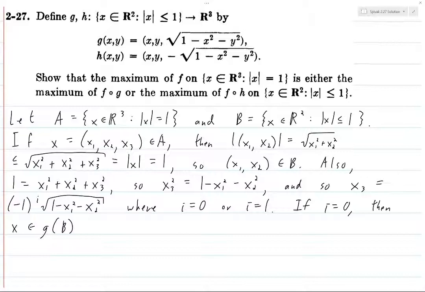So g of x1 comma x2 is precisely x. And so x is in the set g of B. So that's the case if i equals 0.